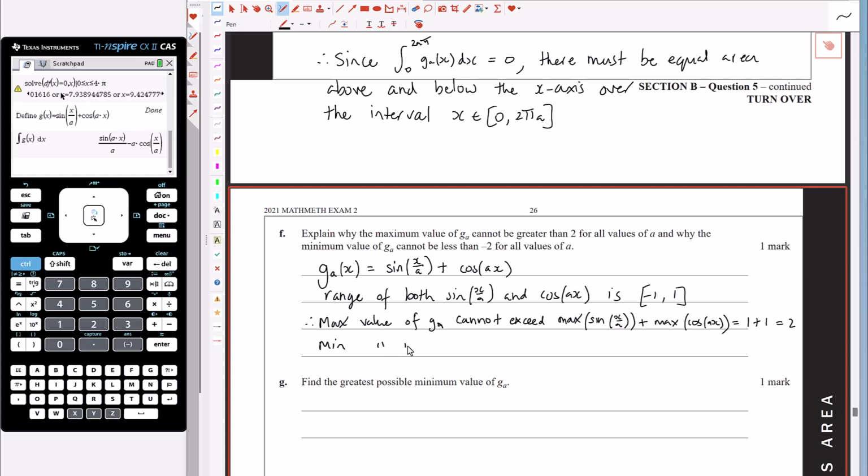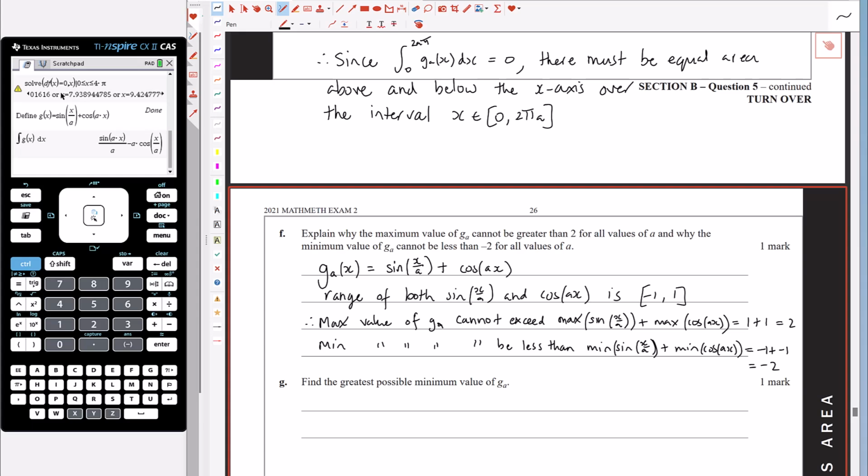Minimum value of GA cannot be less than min sine x on A plus min cos AX, which means -1 plus -1, which is -2.